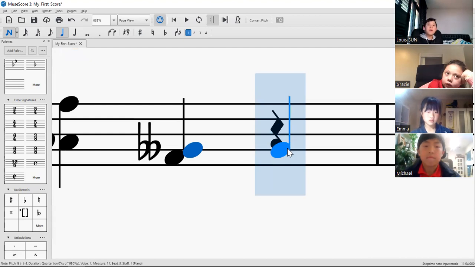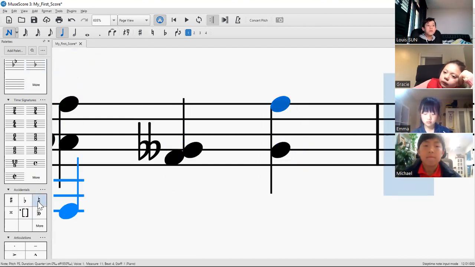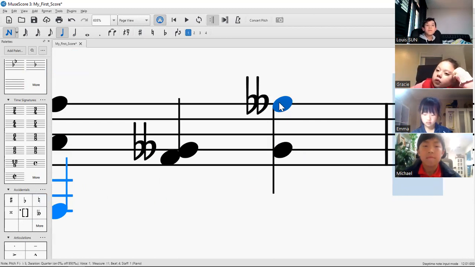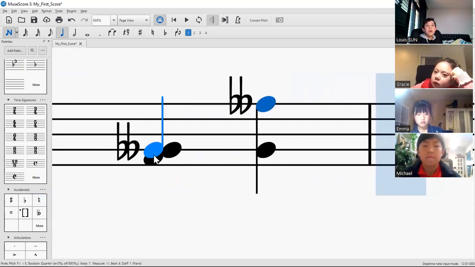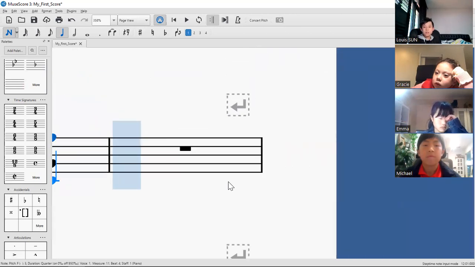And inverted, that looks like this. And diminished becomes augmented, and 2 plus 7 equals 9. So that is an augmented seventh. Okay, does that all make sense?